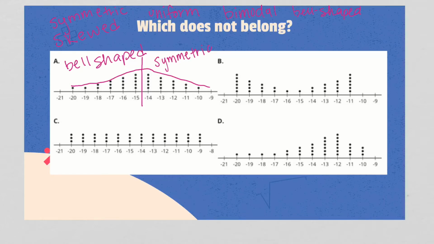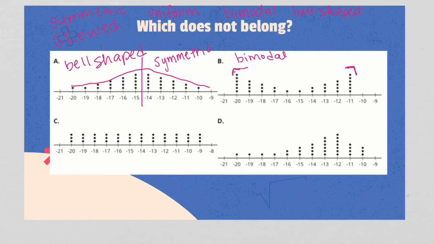Okay, let's look at B. This one has 2 clumps of data, one on each side. So we have a big clump here and a big clump here. This is called bimodal because it has 2 very common data values seen.